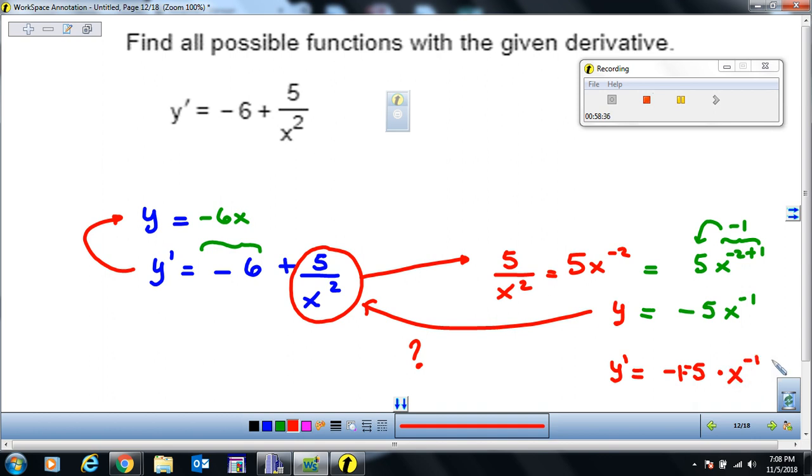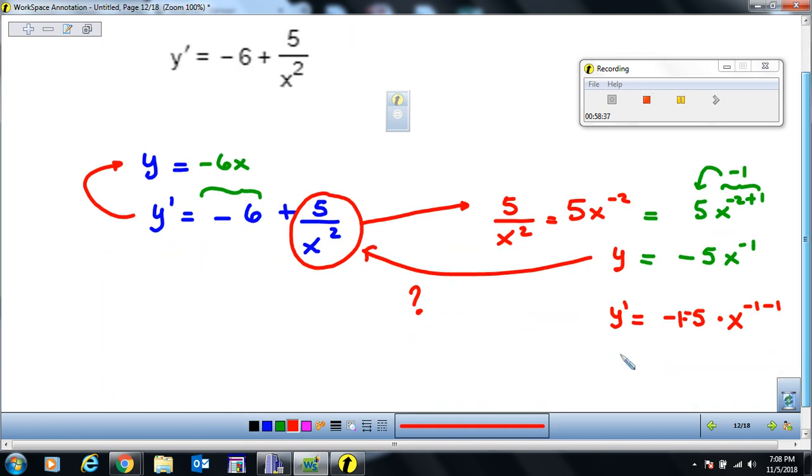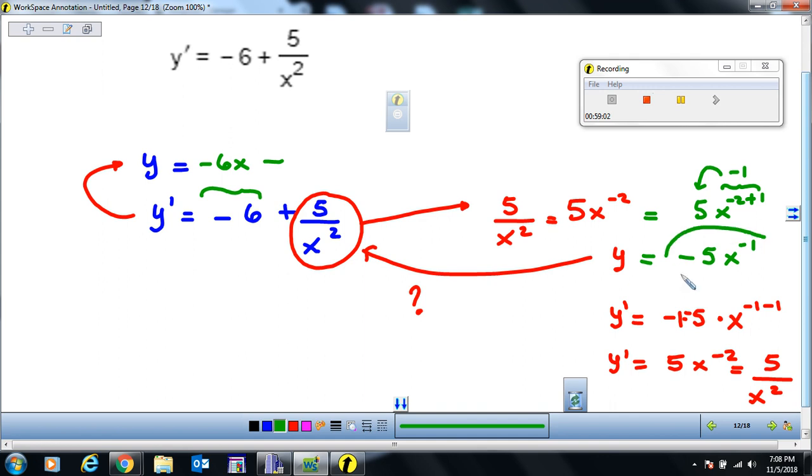I do negative 1 minus 1, because I'm always supposed to subtract 1 from the exponent to get the derivative. So 5x to the negative 2, which is the same thing as 5 over x squared. So bingo, that's what it is. The expression for this to be the derivative of had to be this part.